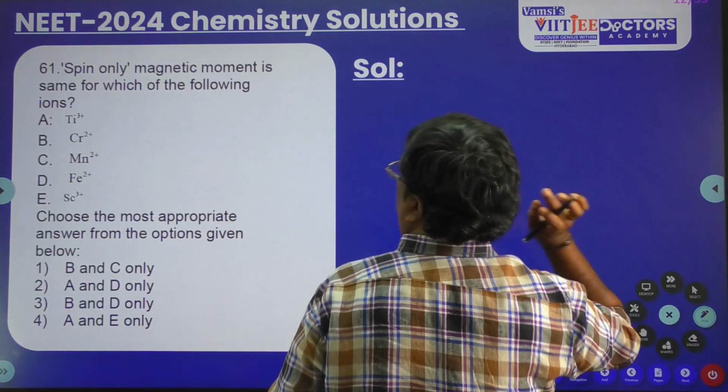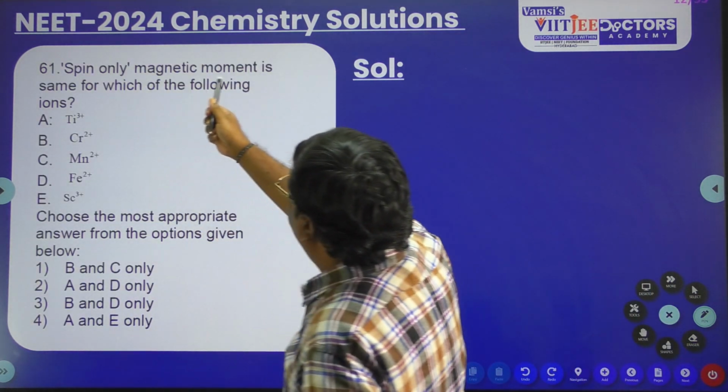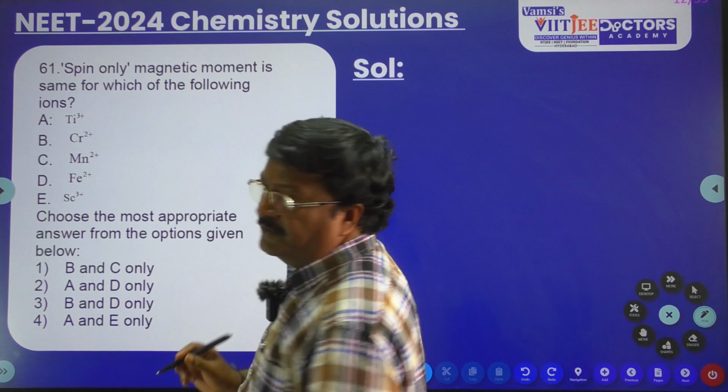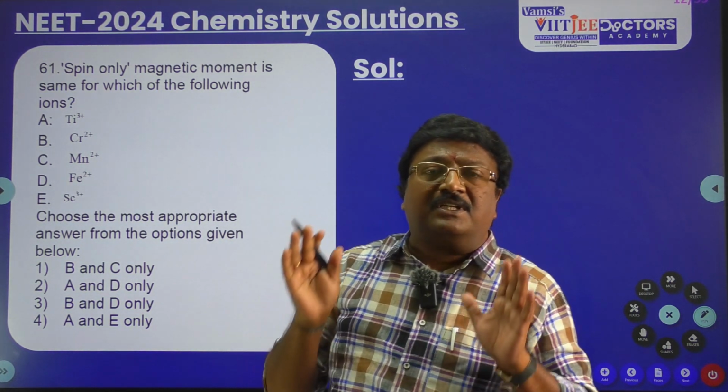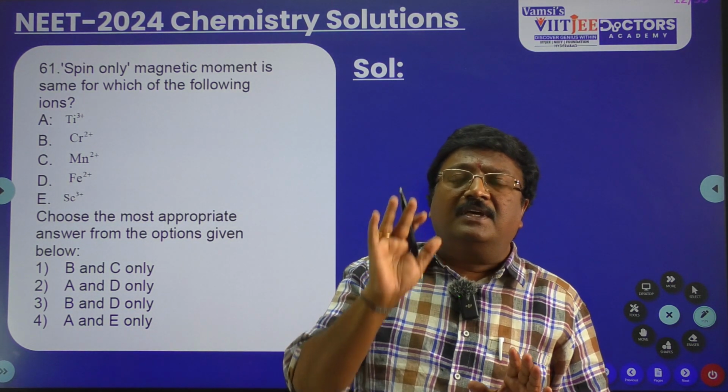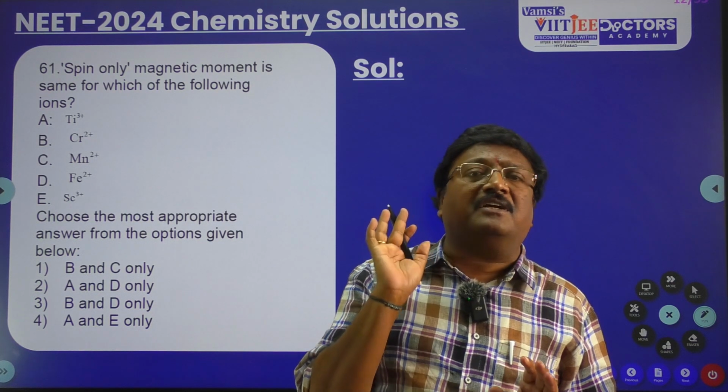And next question. Spin-only magnetic moment is the same, which means they must have the same number of unpaired electrons.